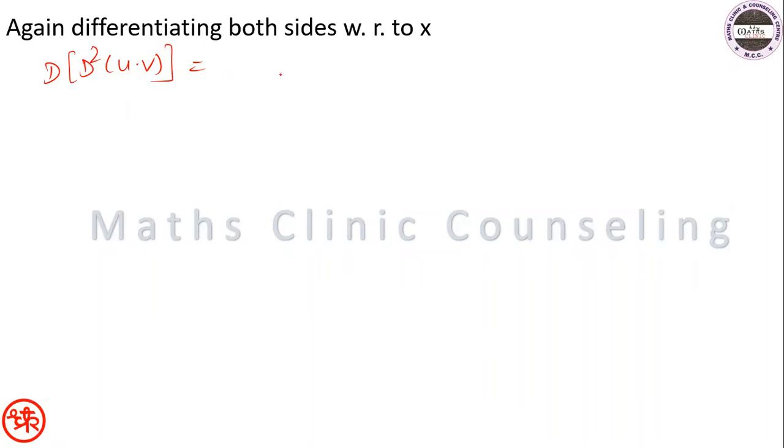That is d of u2 v plus 2 u1 v1 plus u v2.